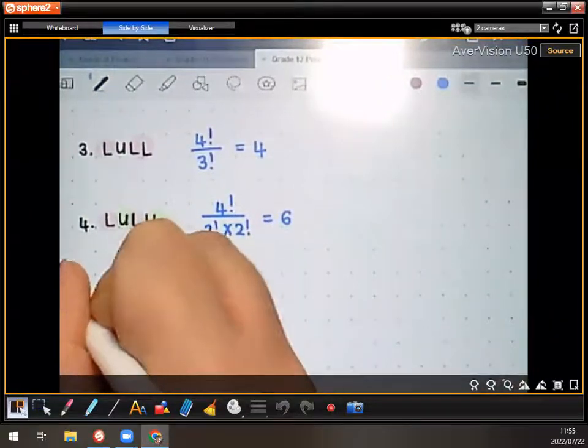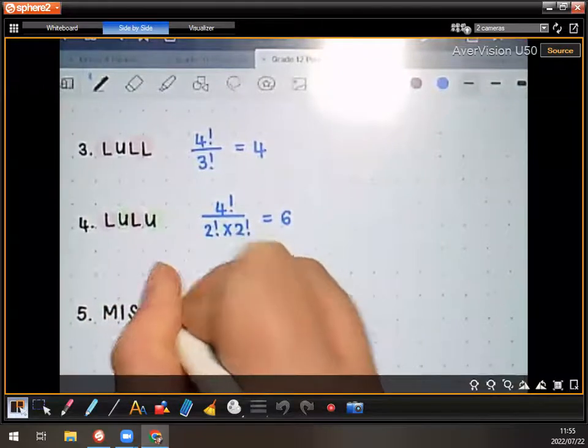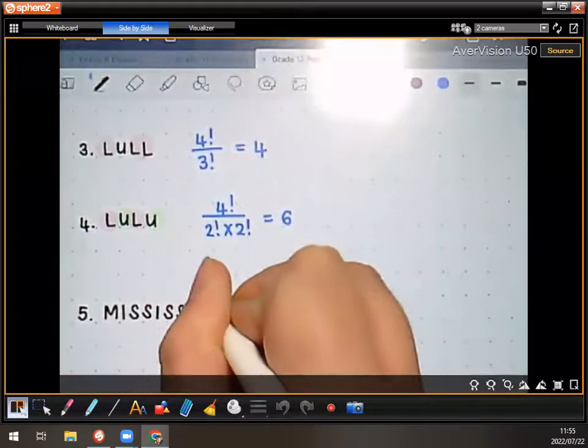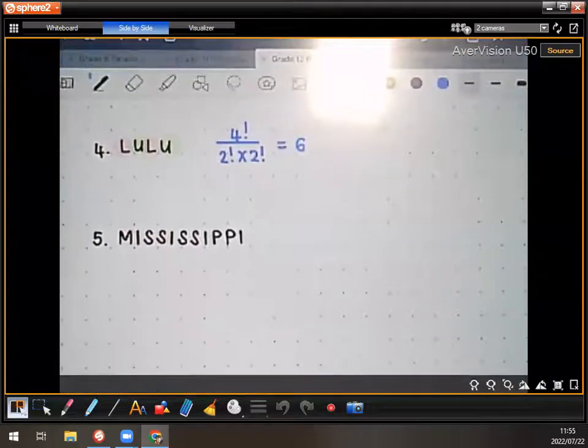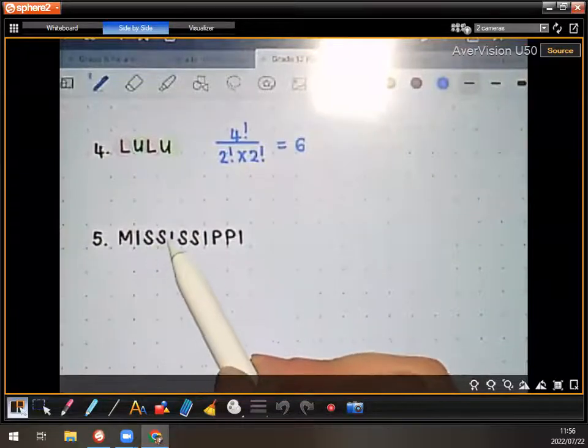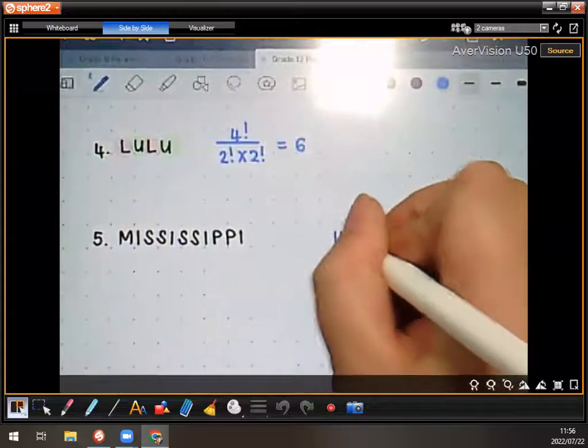Okay, the last one. So obviously lots of letters, but then also lots of repeats. How many letters do I have altogether? Let's see. 1, 2, 3, 4, 5, 6, 7, 8, 9, 10, 11. So we're going to do 11 factorial at the top.